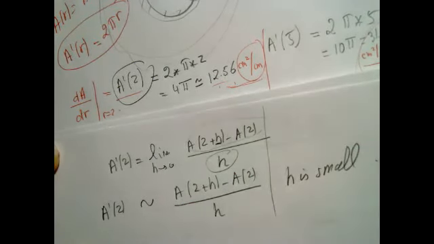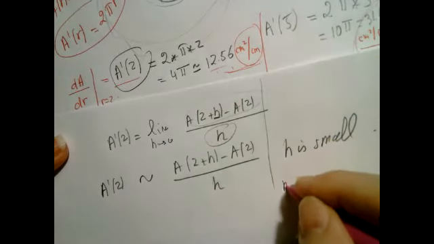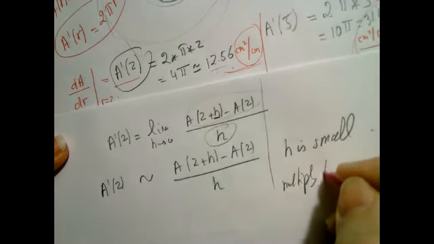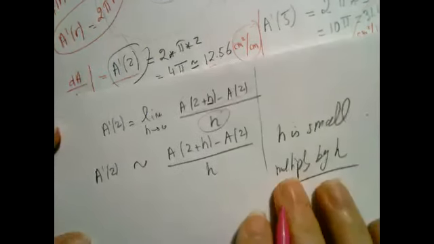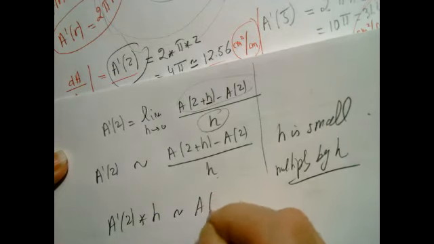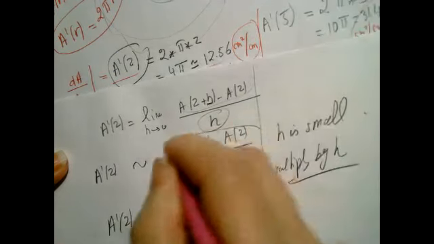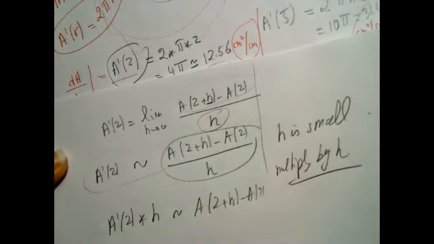Okay. It means that I'm going to multiply by h across. This gives me that A prime at 2 times h is almost equal to that, because that's the slope. The slope is A prime of 2.